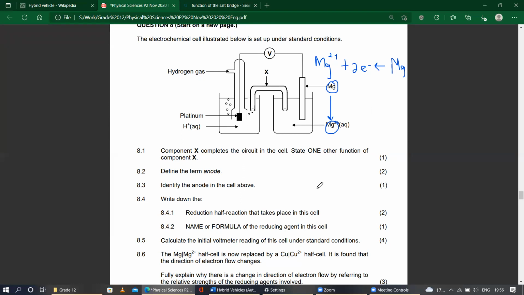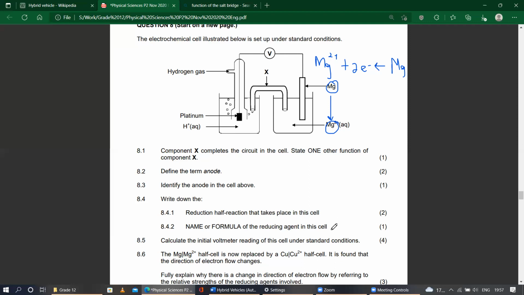So they say name or formula of the reducing agent in this cell. The reducing agent is the one that reduces the oxidizing agent.